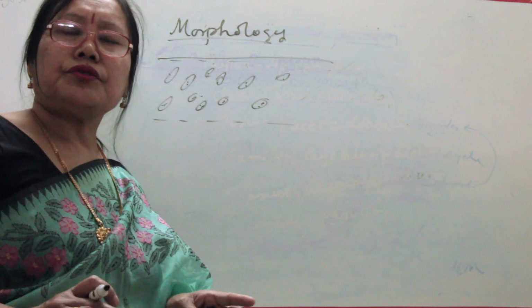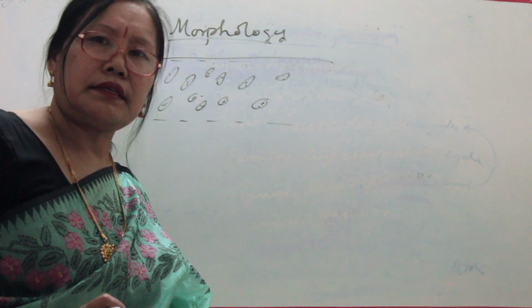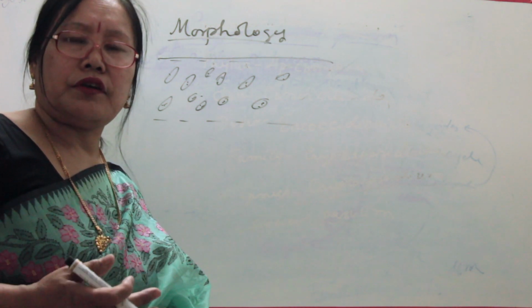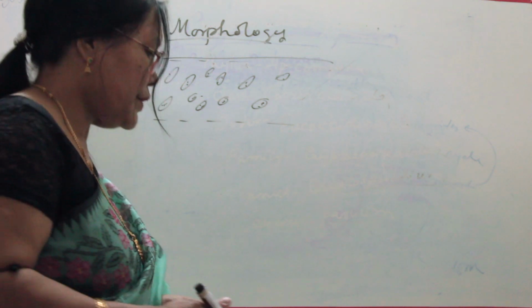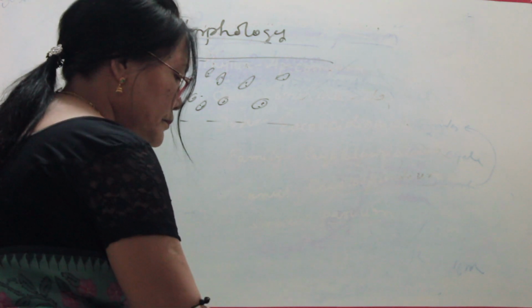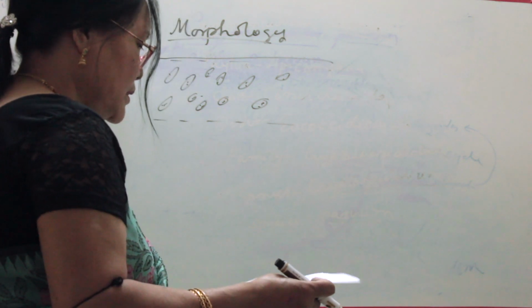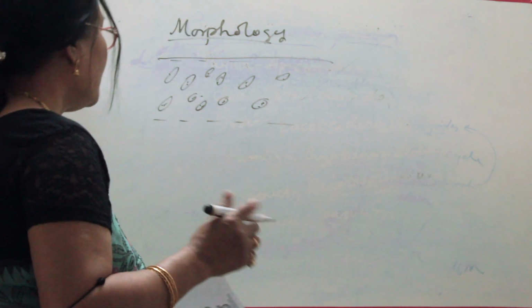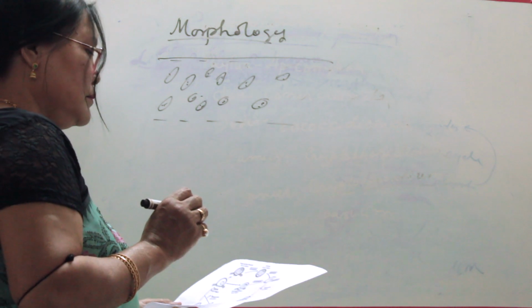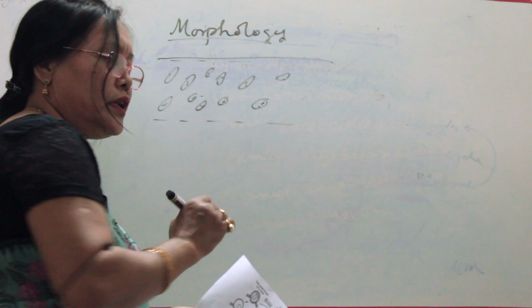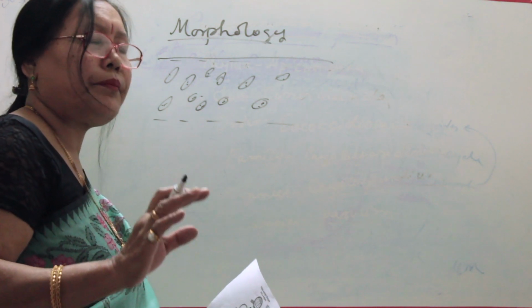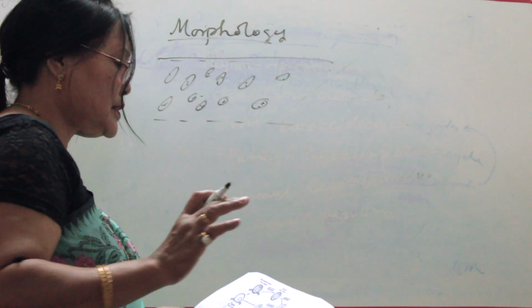Due to their different stages inside the body of their definitive host, they have different structures. For example, the thick wall oocyst is usually present along with the feces of the infected person.